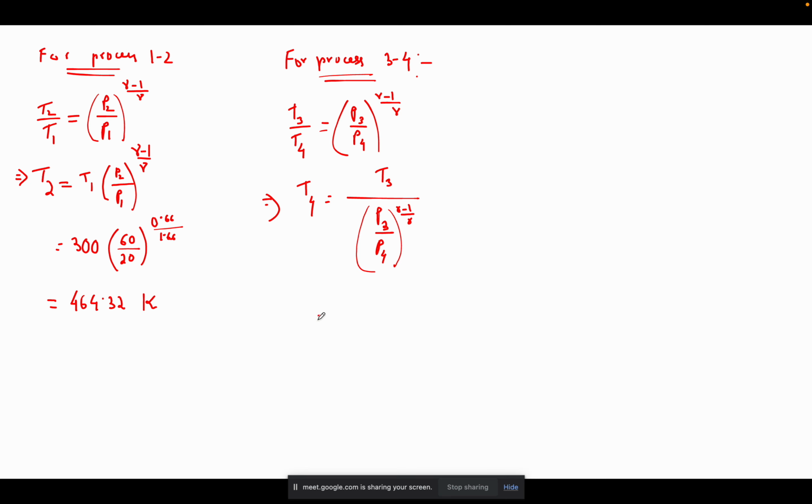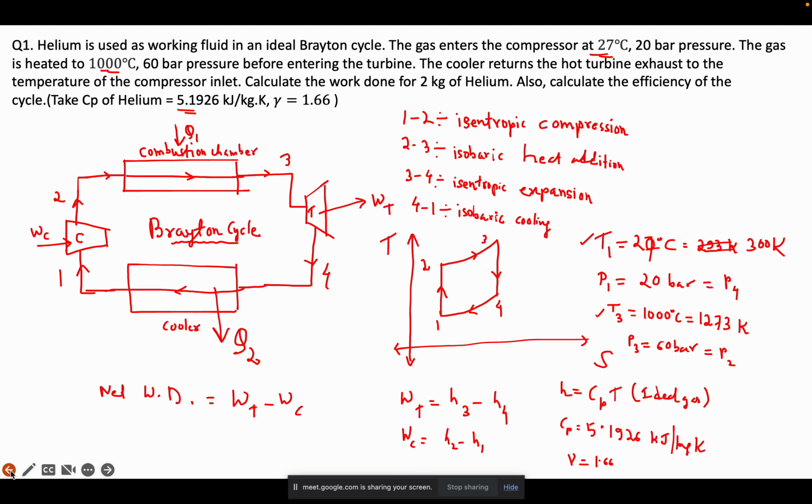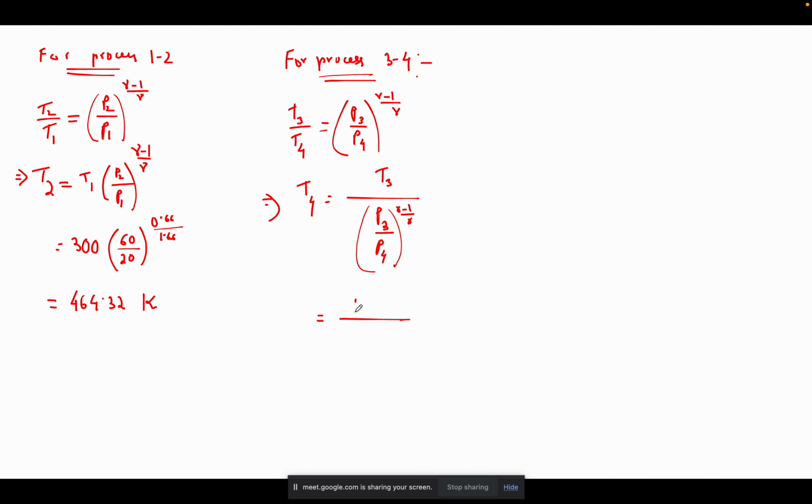T3 is 1273 Kelvin, and this is 60 by 20 to the power 0.66 by 1.66.